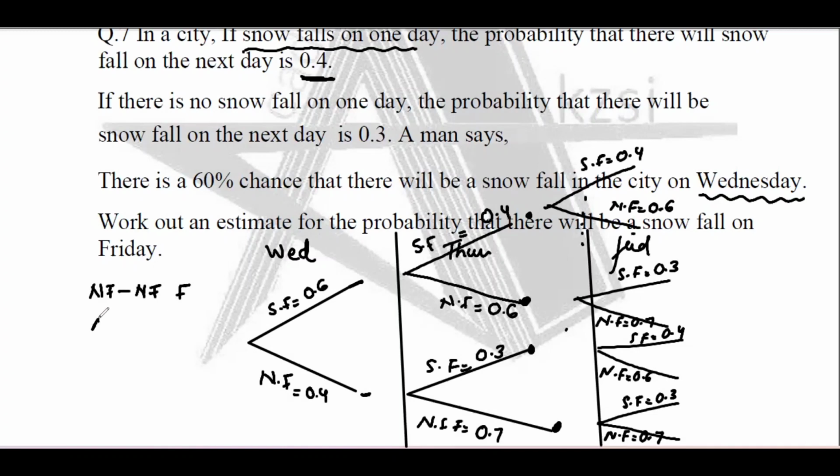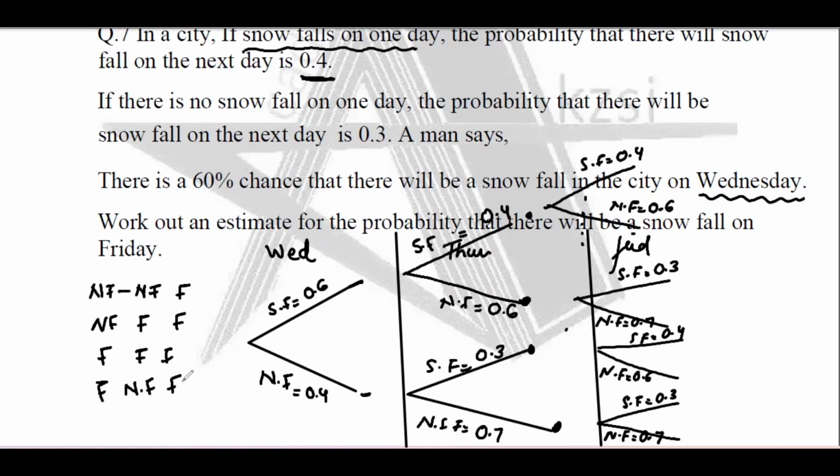We can pick no fall on Wednesday, fall on Thursday, and fall on Friday. We can pick fall on Wednesday, fall on Thursday, and fall on Friday. We can pick fall on Wednesday, no fall on Thursday, and fall on Friday. So basically, these are 4 conditions in which we will get a fall on Friday.